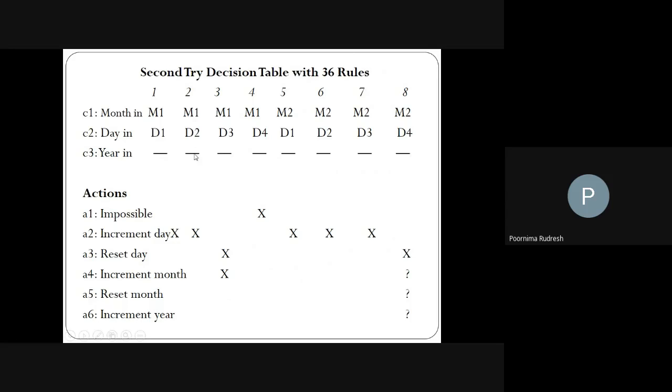Similarly, for M1, D2 is equal to 29. If both are true, then also the day is incremented. And here, M1 is the month which consists of 30 days and D3 is equal to 30. So we enter valid inputs, then it computes the next value. So what will be the next value?